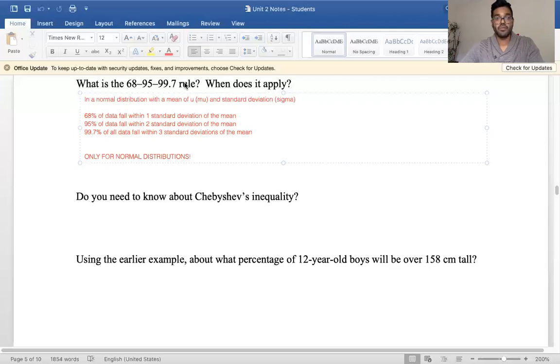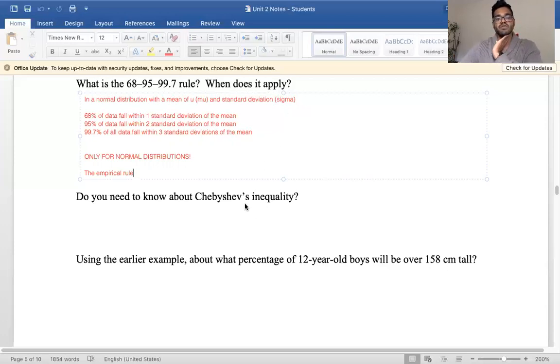So Chebyshev's inequality is kind of an expansion of the 68, 95, 99.7 rule. This rule, by the way, is also called the empirical rule. Okay, it's another word for it.